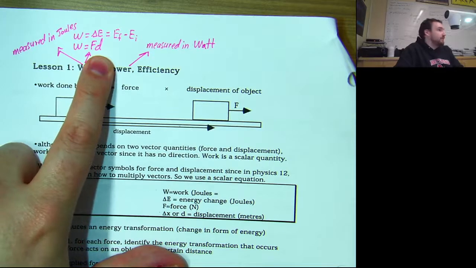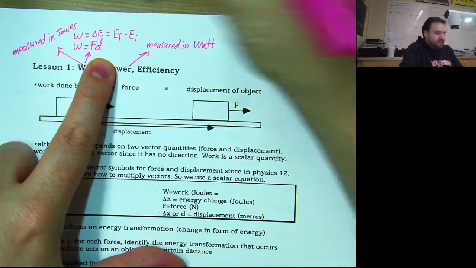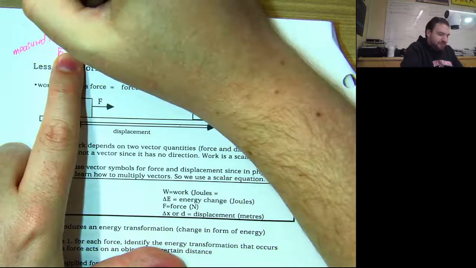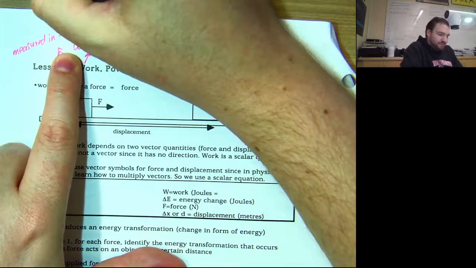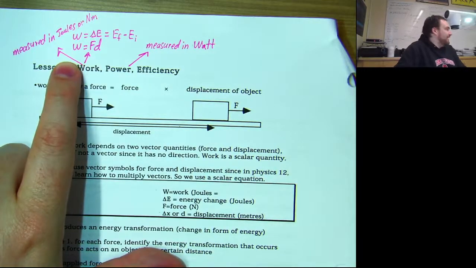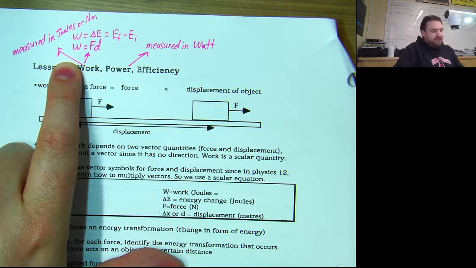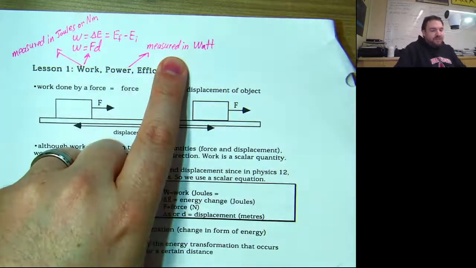Distances are measured in meters. So work could also be measured in Newton meters, just like torque. But just because the units are the same doesn't mean that they're related, that they do the same things. But doing some unit analysis can give you an idea of what these things do, or what their nature is. Power is measured in watts.